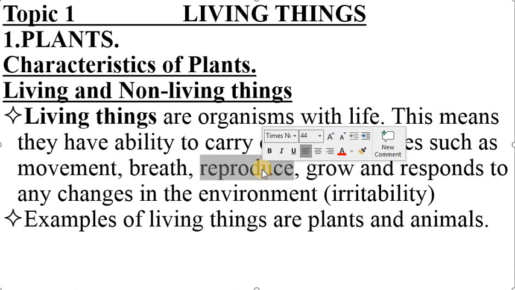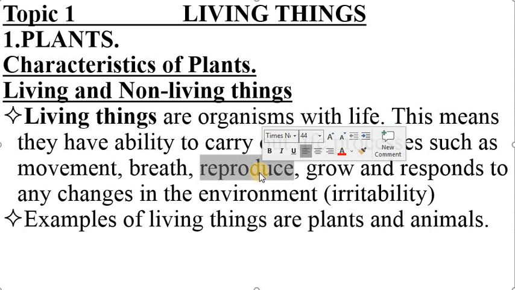A living thing is able to reproduce, and this is one of the most important things in the life of living things or living organisms. So my grade 4 learners, what is reproduce? To reproduce is to give rise to a new living thing. Like human beings are able to give birth to another human being.